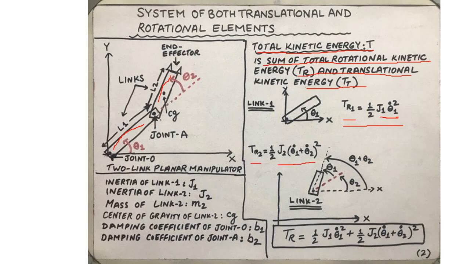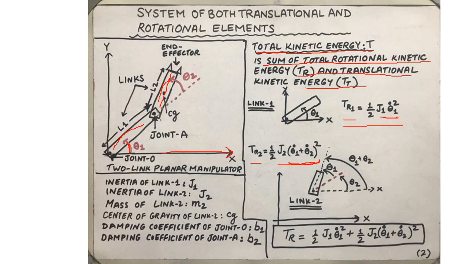Again, we have to be consistent as far as the displacement variable of link 2 is concerned. Remember, the displacement variable of link 1 was θ1, with reference to the x-axis. So we need a displacement variable for link 2 with respect to the same axis, the x-axis.